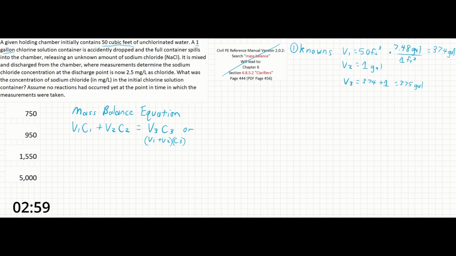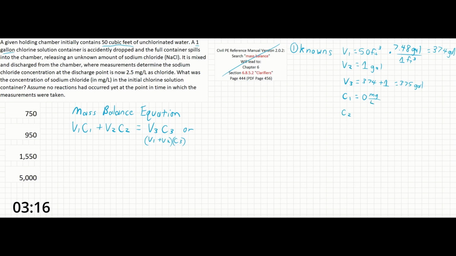Now, for our concentrations. The problem notes that the 50 cubic feet is unchlorinated, so the first concentration is going to be 0 milligrams per liter.